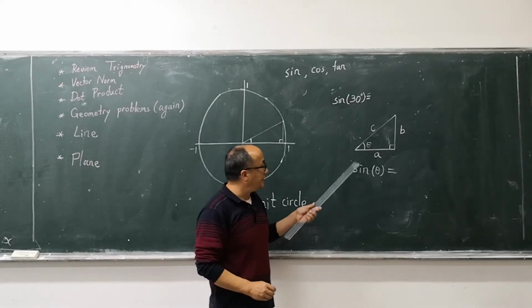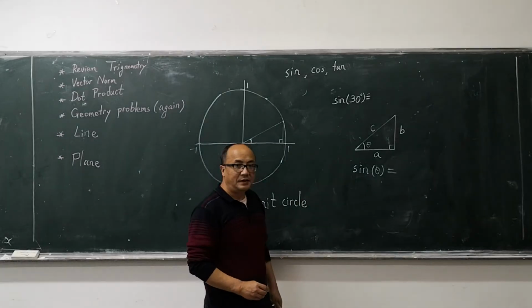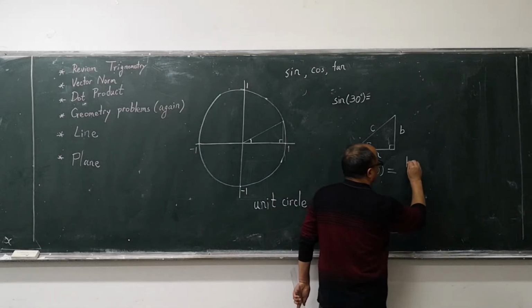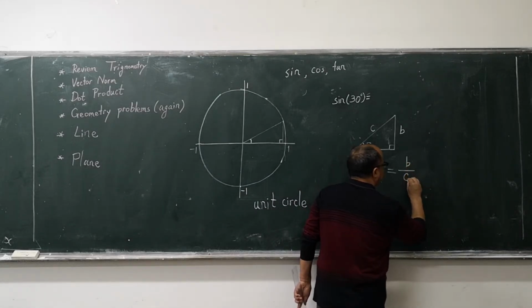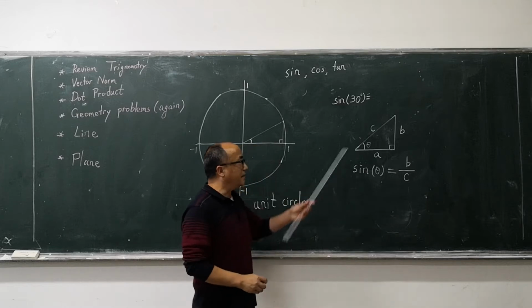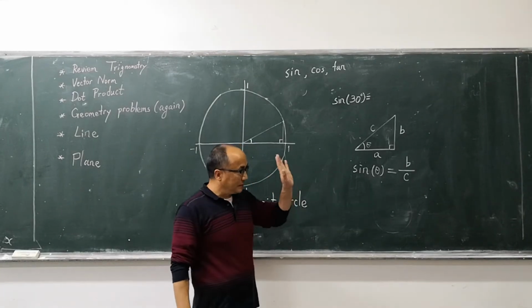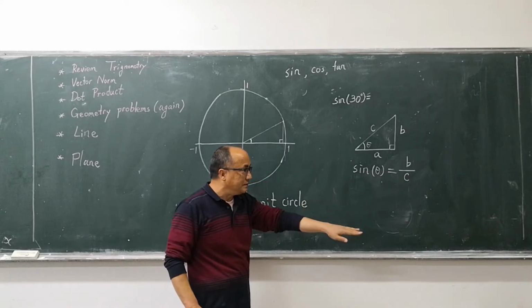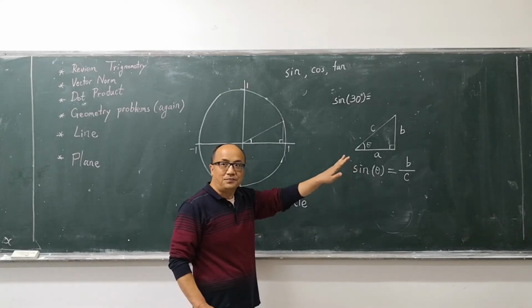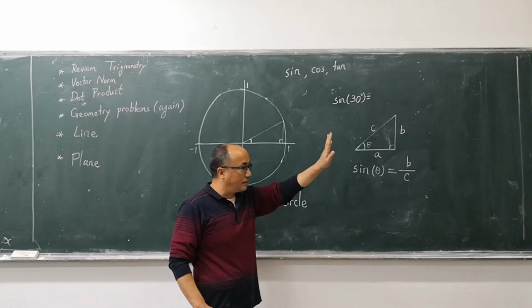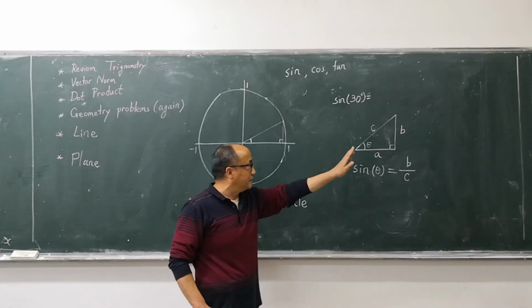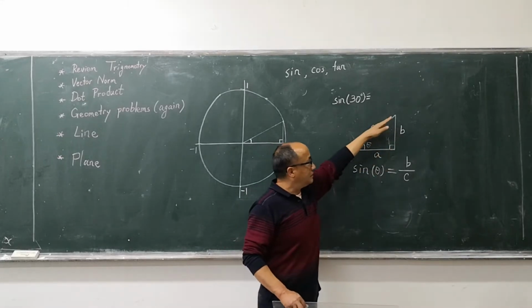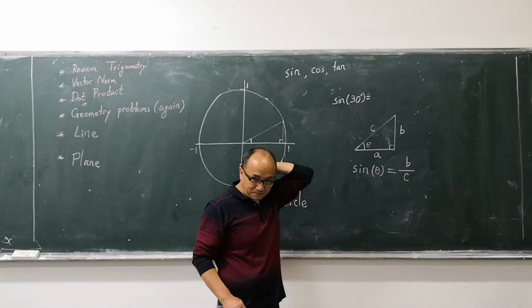It is B over C. Imagine this is a movie screen, and this is the roof.